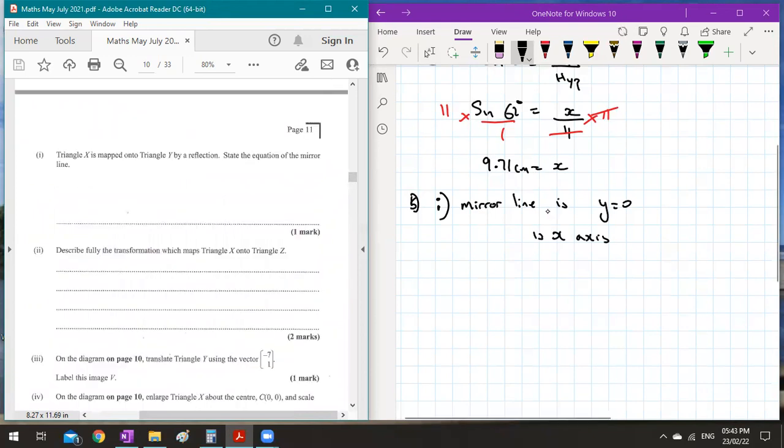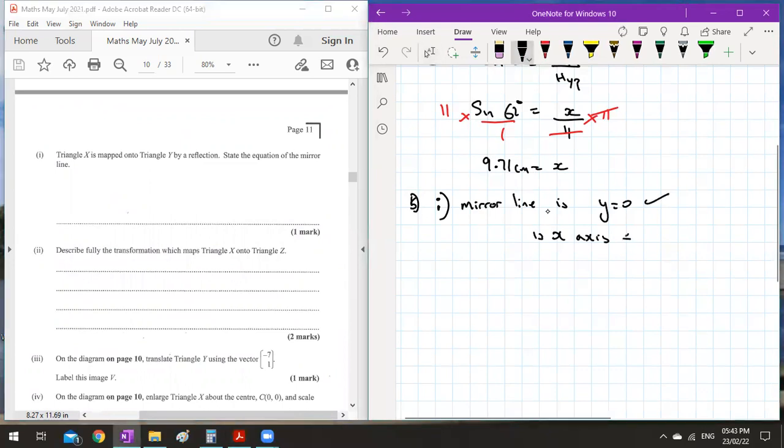Now, if this is accurate, you may get the mark. I'm not promising that you get it. You need to know that the x-axis is y is equal to 0, and the y-axis represents x is equal to 0. Right?